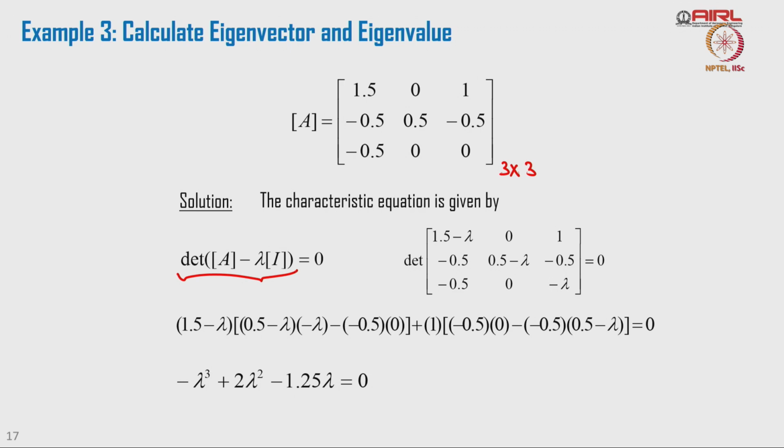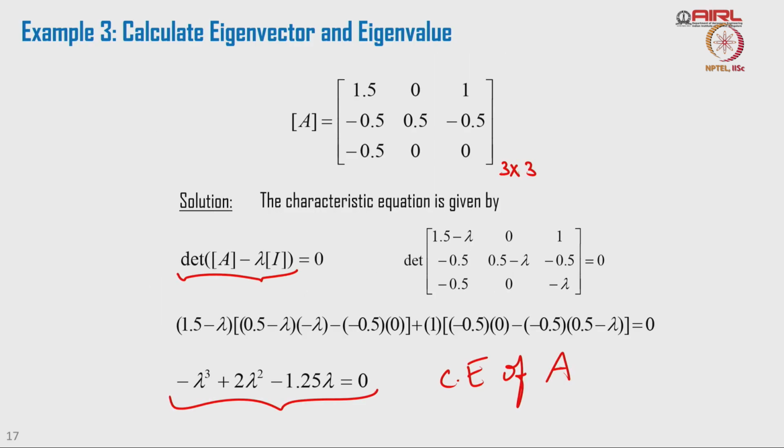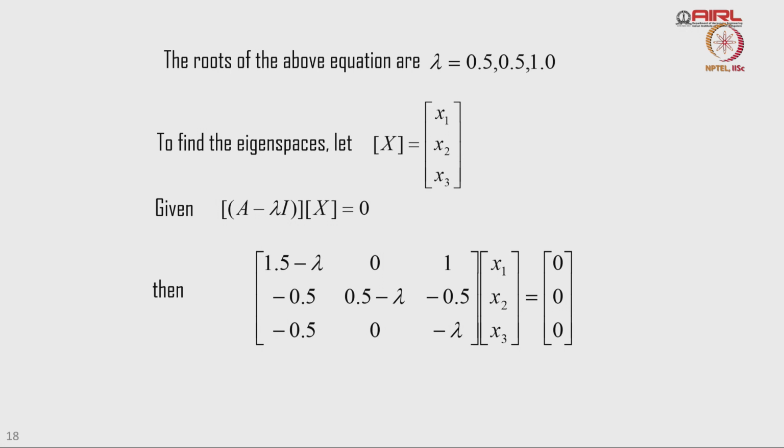So, we have determinant of the matrix equal to 0, and if you expand it and find the determinant, you will get this equation. This is the characteristic equation of A, and the roots of the above equation you can find them to be 0.5, 0.5 and 1.